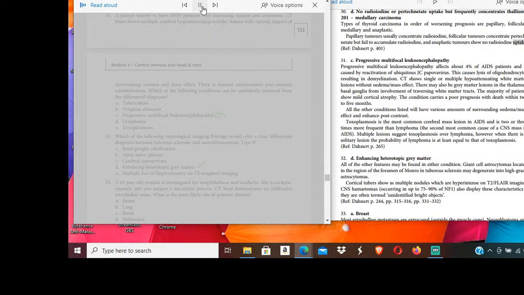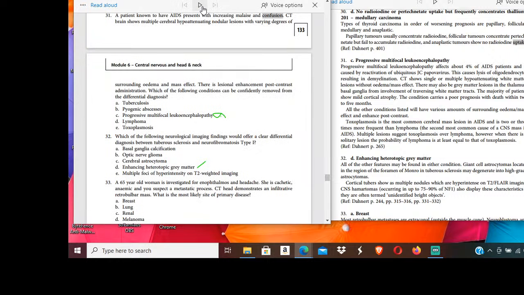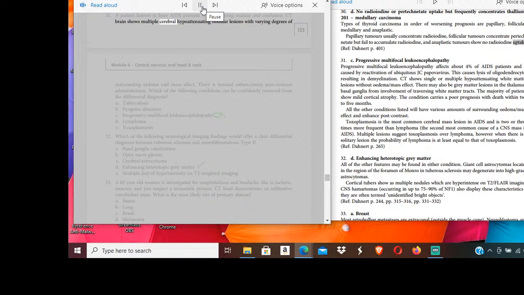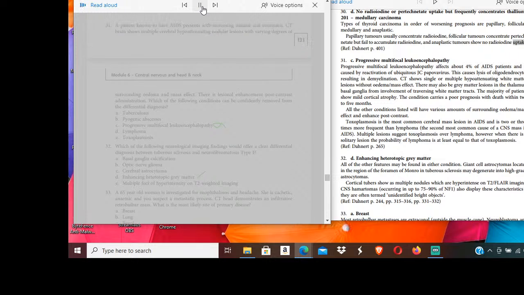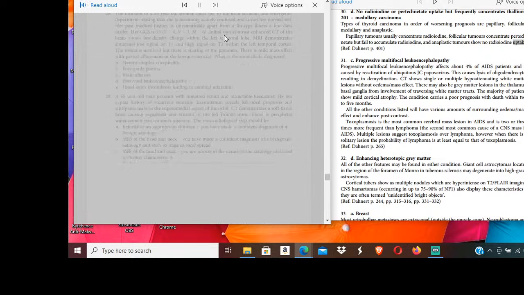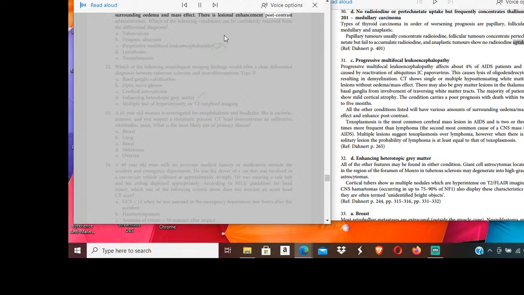A patient known to have AIDS presents with increasing malaise and confusion. CT brain shows multiple cerebral hypoattenuating nodular lesions with varying degrees of surrounding edema and mass effect. There is lesional enhancement post-contrast administration. Which of the following conditions can be confidently removed from the differential diagnosis? A. Tuberculosis. B. Pyogenic abscesses.